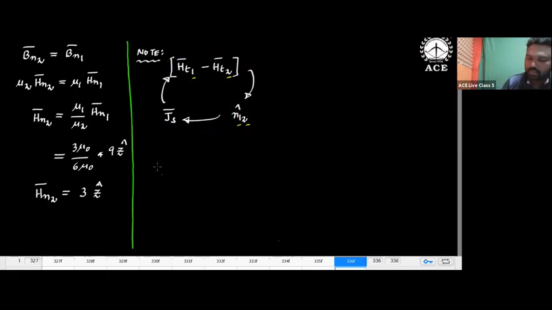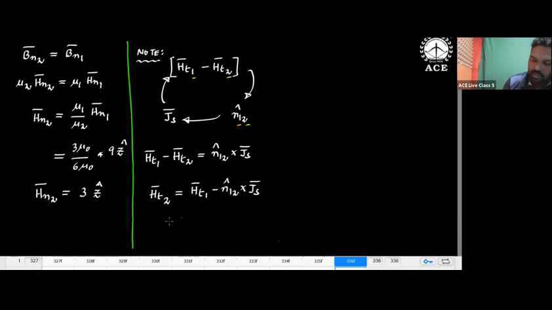So what is required is HT1 minus HT2 is equal to N12 cross JS. From here, HT2 is equal to HT1 minus N12 cross JS.